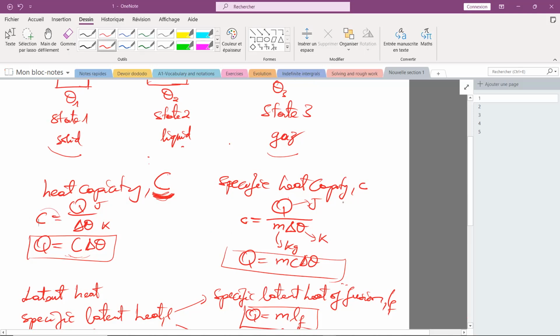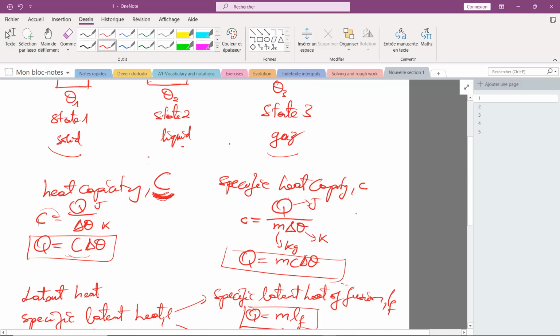Now, for specific heat capacity, whenever you are defining specific heat capacity, you have to mention mass inside your definition. It is the heat energy or thermal energy required to produce a unit rise of temperature in a unit mass of a body.